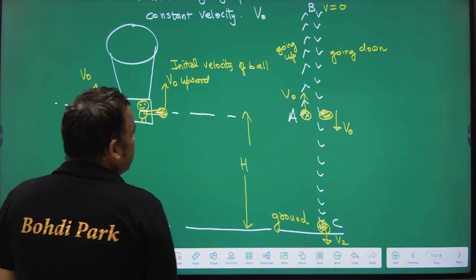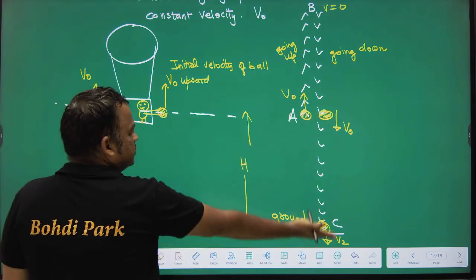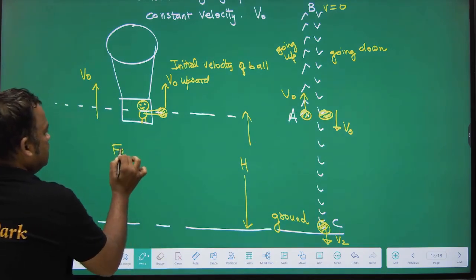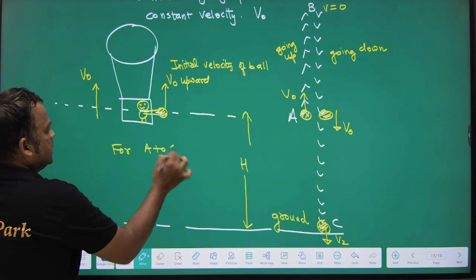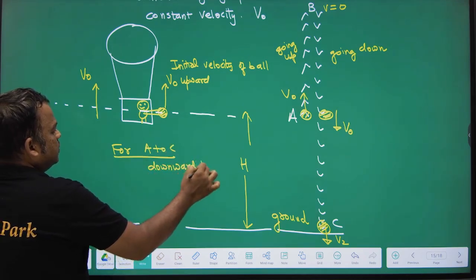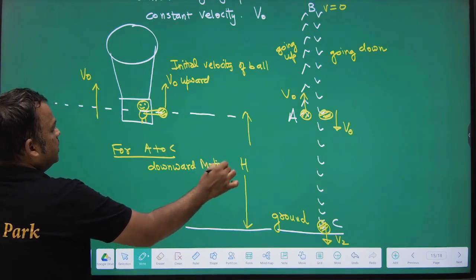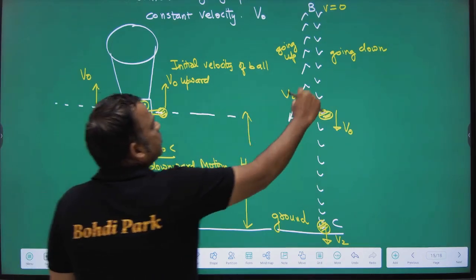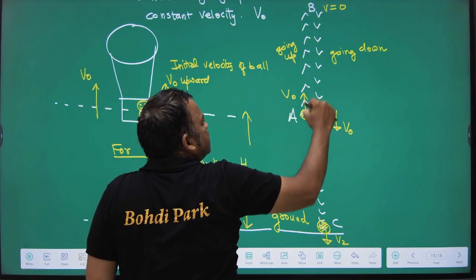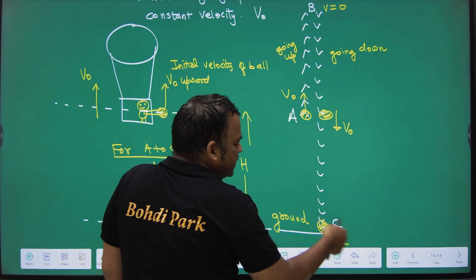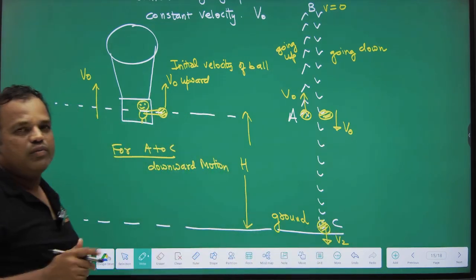So let's find the time taken from A to C during downward motion. The ball is released when the balloon is at height h. Then it will go upward, then again come back to the same level. So from that instant to the instant of hitting the ground, how much time will it take?